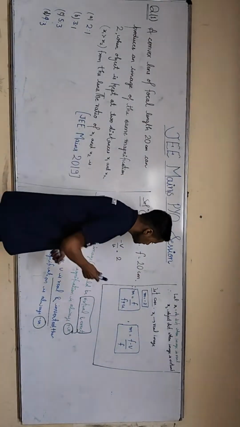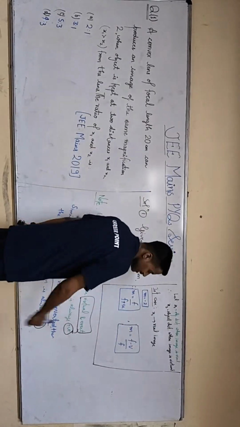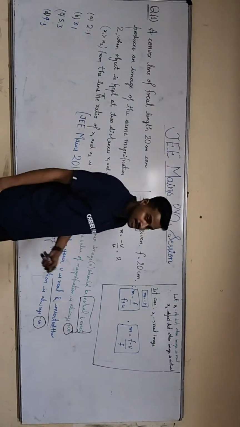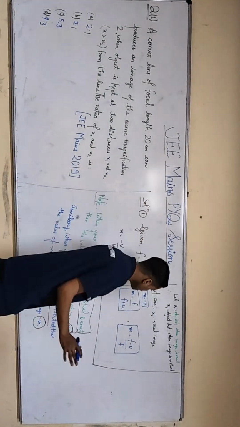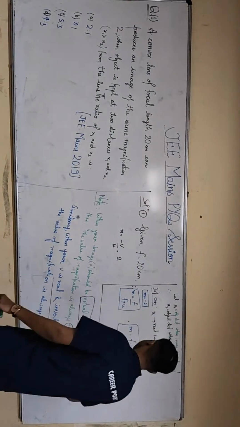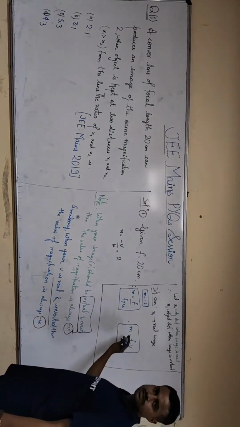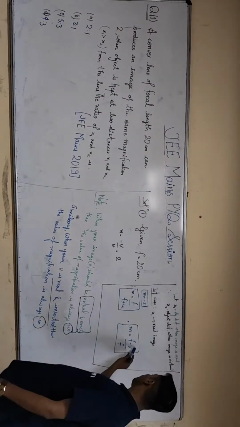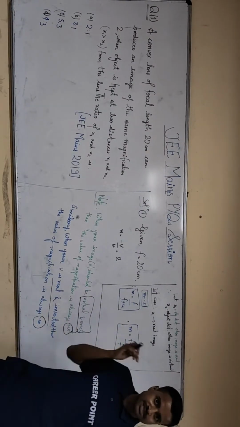So in this case we have u, meaning x1, similarly the object distance. I hope this is clear to you. We do not use this formula of magnification because we don't have the image distance.